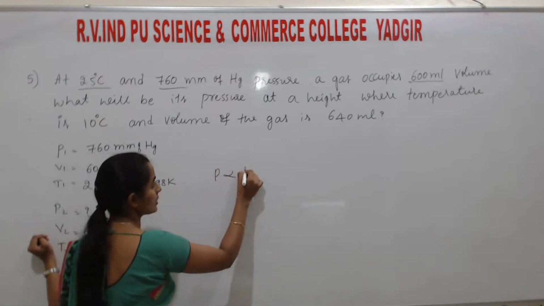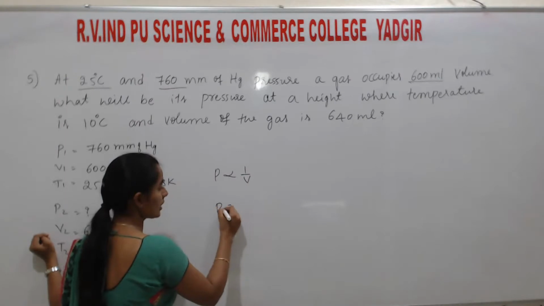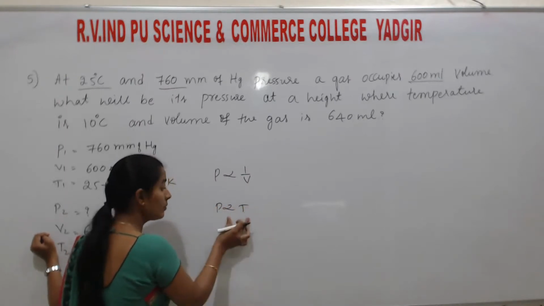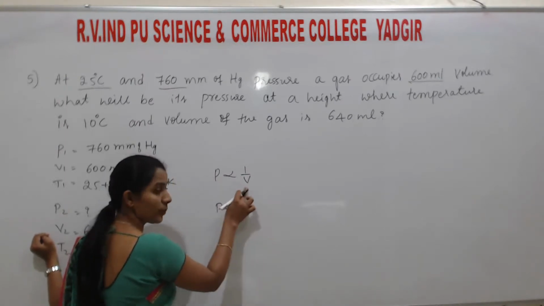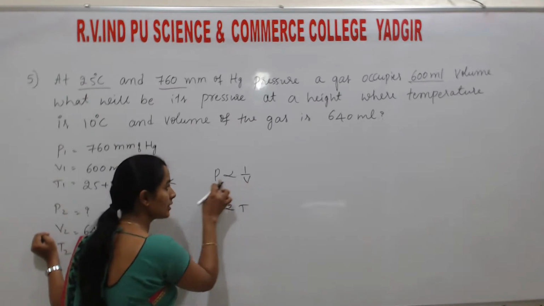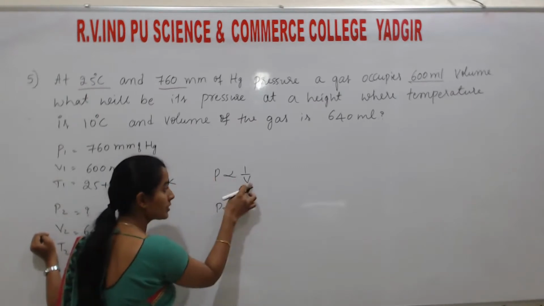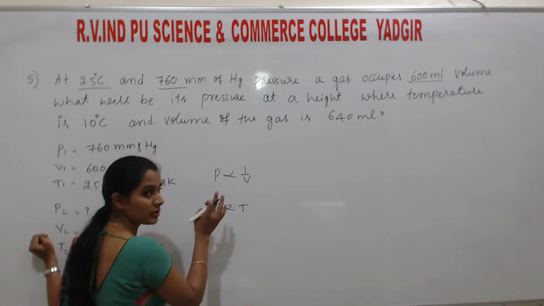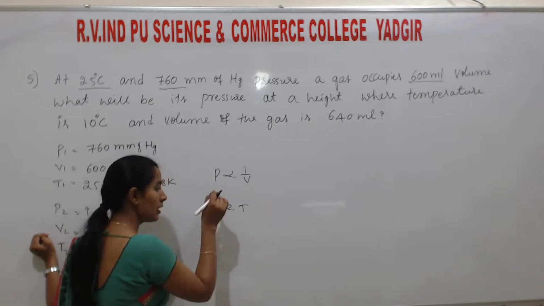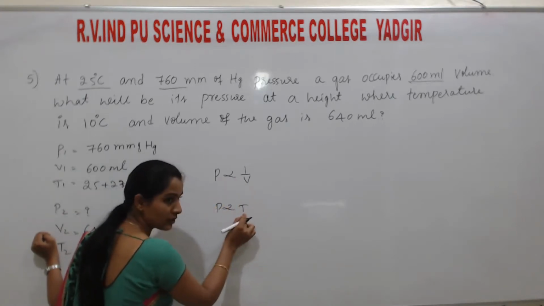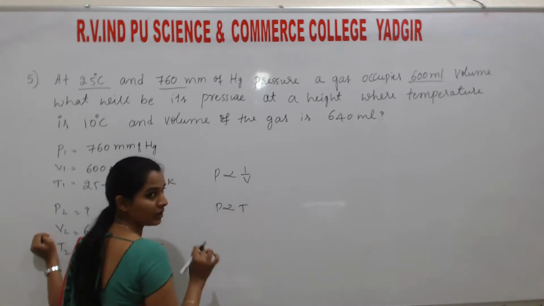Listen, P is inversely proportional to V. P is directly proportional to T. What it means? Inversely proportional means if this increases, this will decrease. If this decreases, this will increase. Opposite. Directly proportional means if this increases, this also increases. If this decreases, this also decreases.